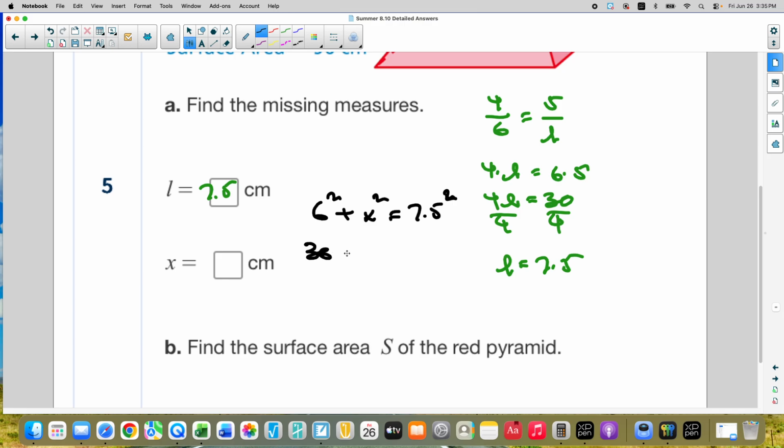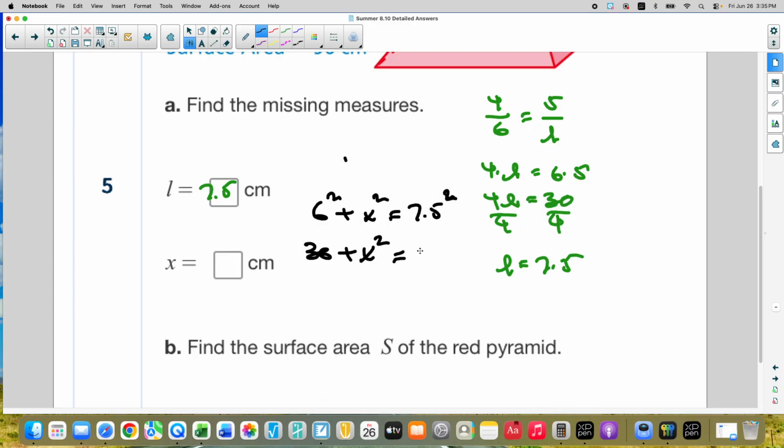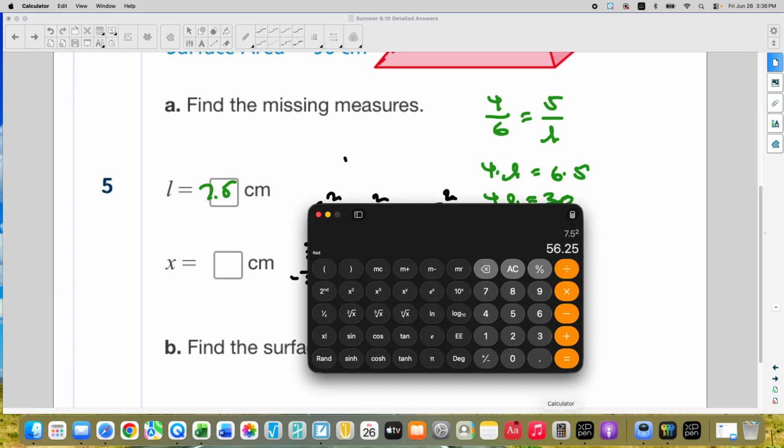So that's 36 plus x squared equals 7.5 squared, which is 56.25. 56.25 minus 36 gives us x squared equals 20.25.